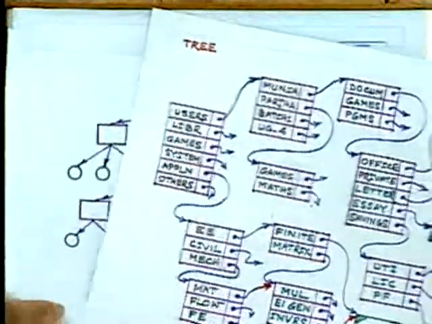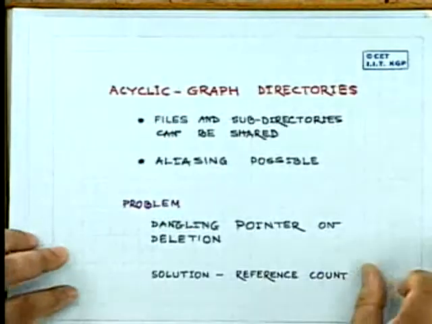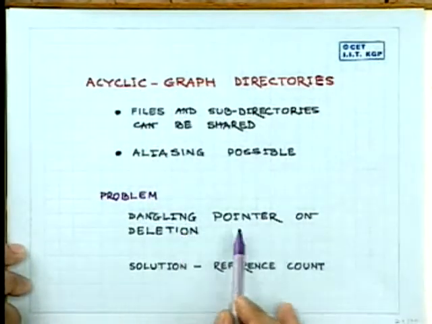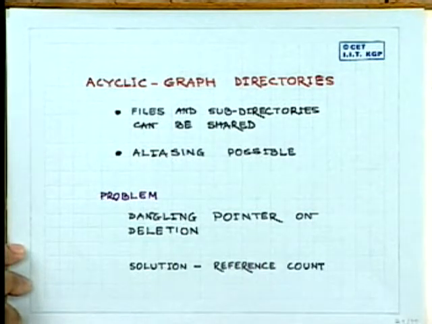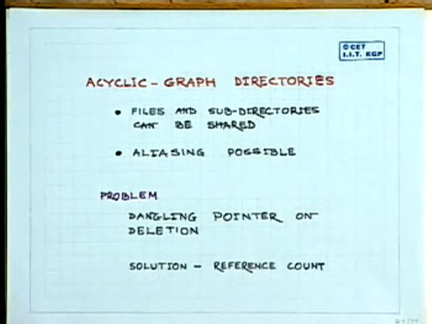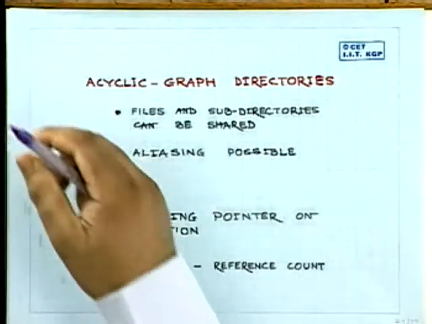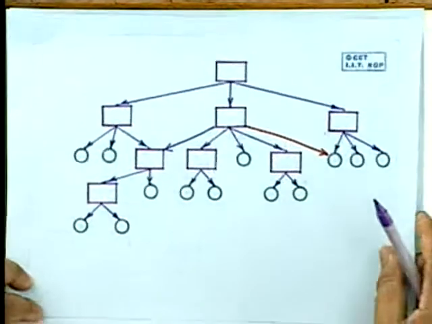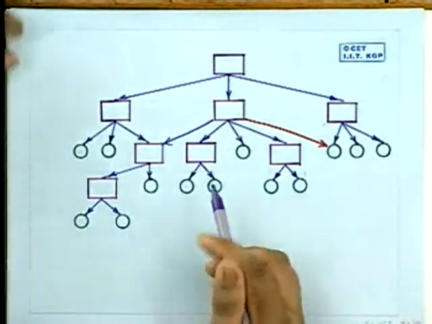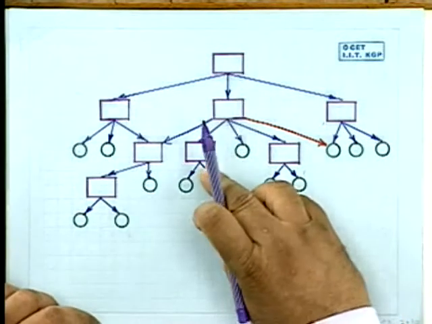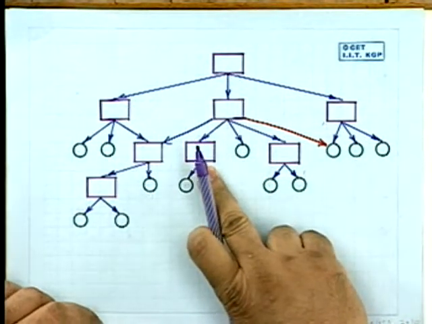Now let us see what can be the problems if we do it. The problem is a dangling pointer on deletion. Let us see what we do when we delete. When you delete a file, for example, let us take this structure. If we want to delete a file, we simply delete it and therefore it no longer exists.